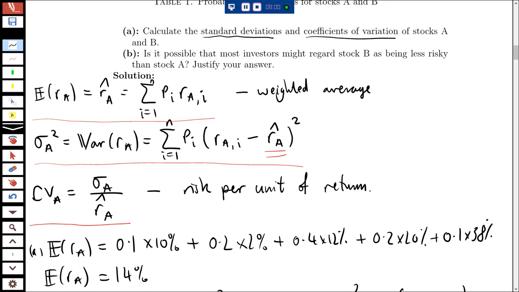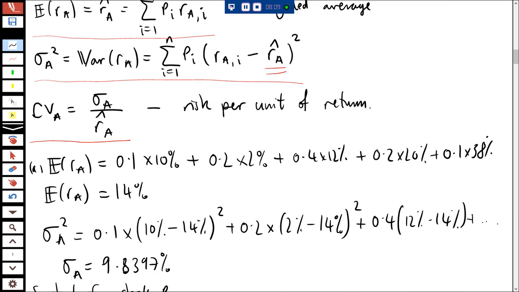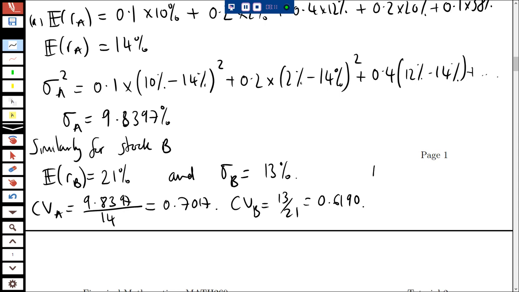Finally, part B says, is it possible that most investors might regard stock B as being less risky than A? Justify your answer. Well, we can use the coefficient of variation.